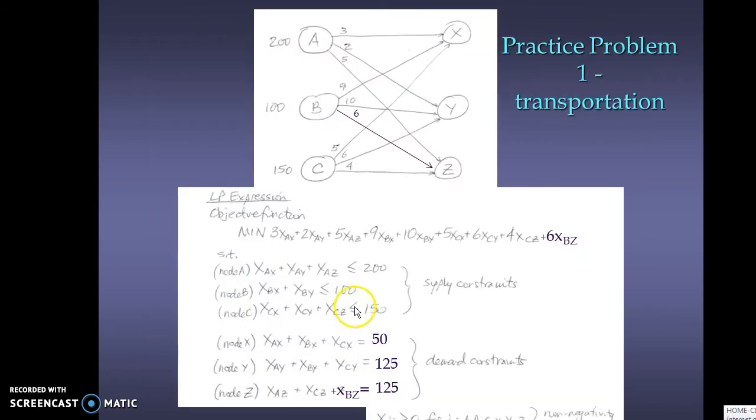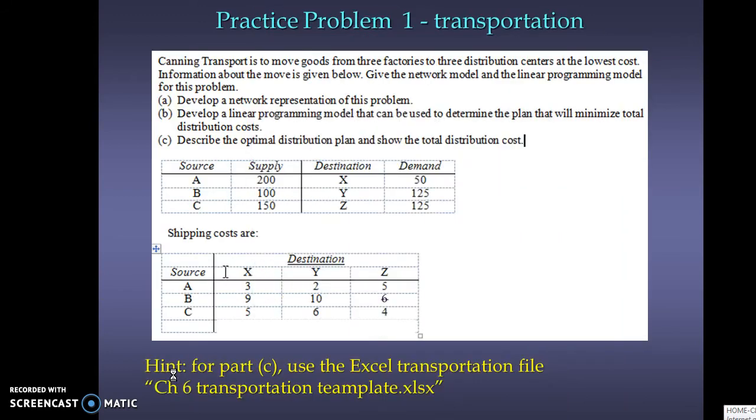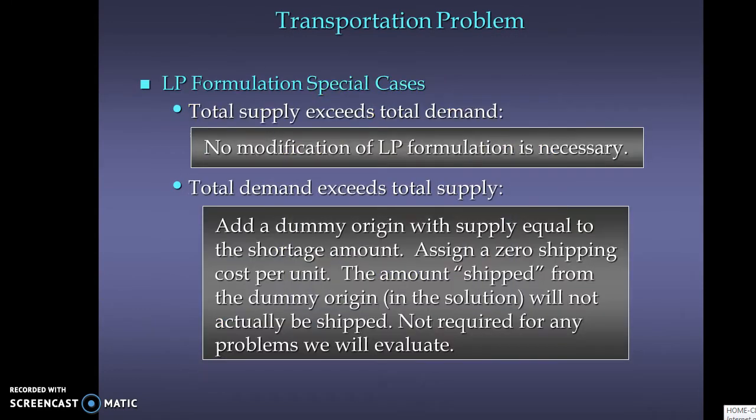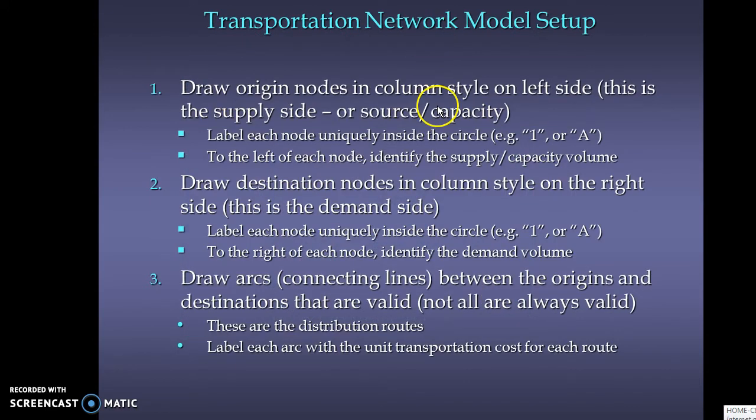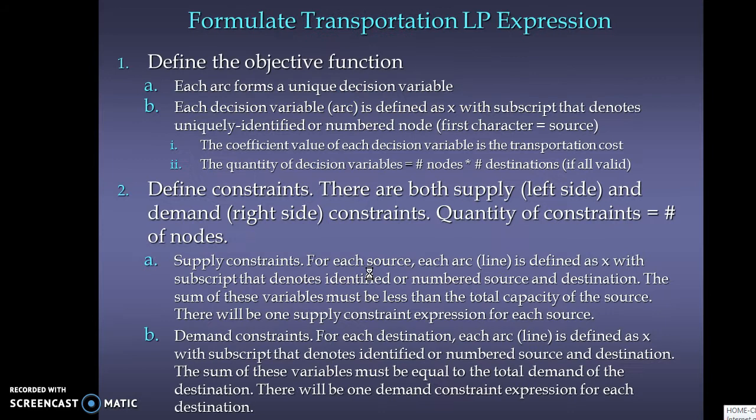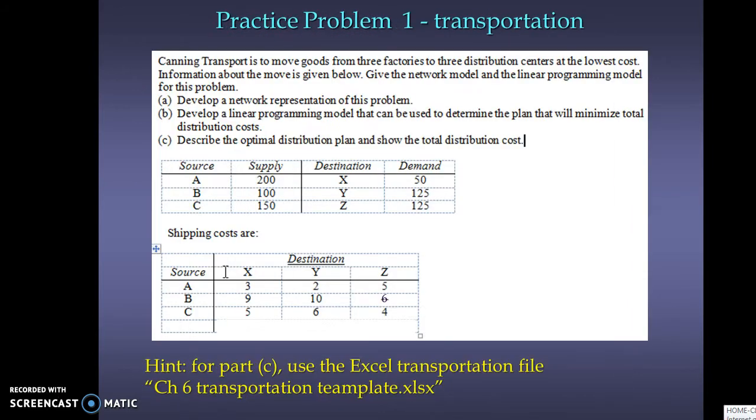So when we set this up graphically, I will take you back to the pages where the instructions are given. I tell you, when they're doing the network model setup, we draw those origin nodes on the left side, destination nodes on the right side, and the arcs connecting in the middle. So let me take you back to how that should look.